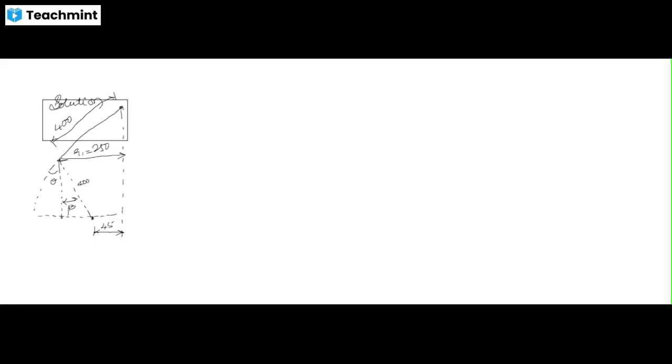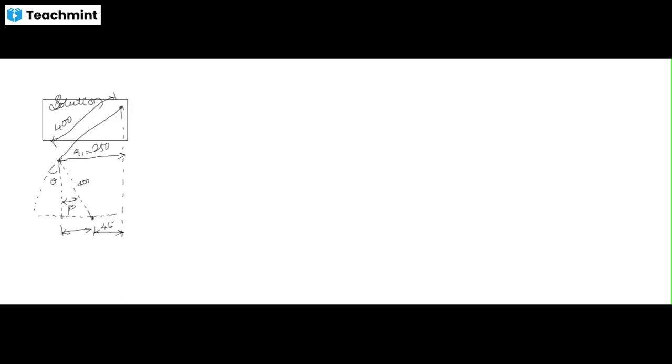Now let us find the value of tan beta and tan theta, when R1 equal to 250 mm. To find tan beta, you need this distance.